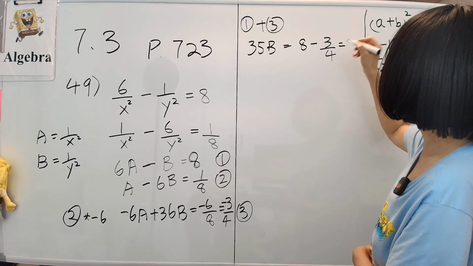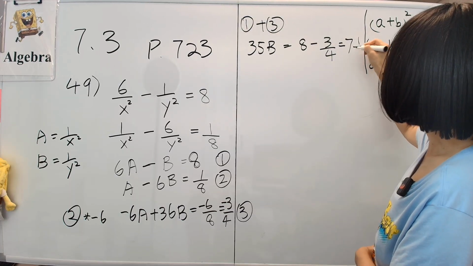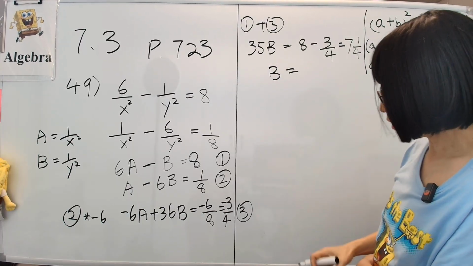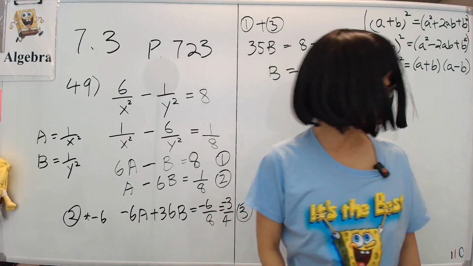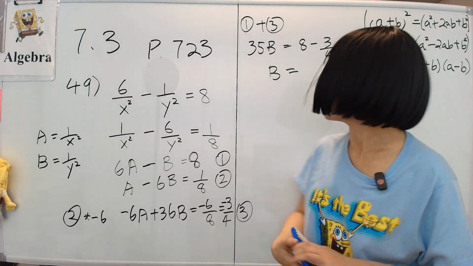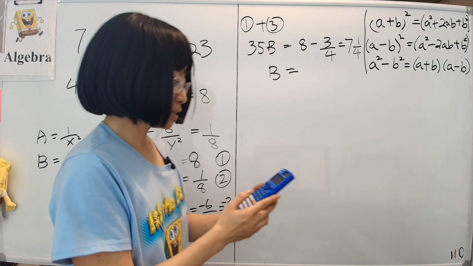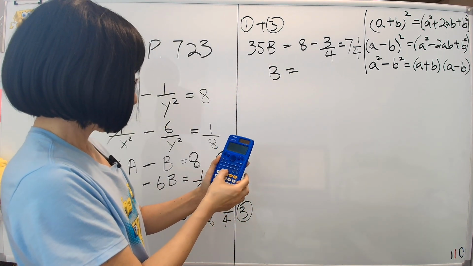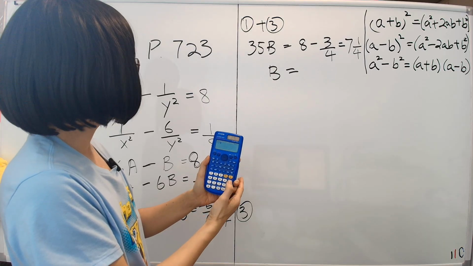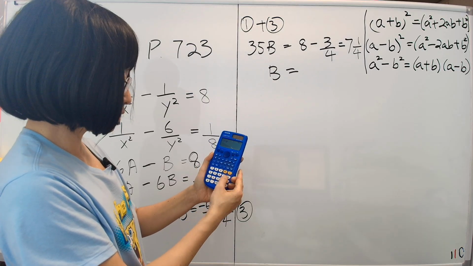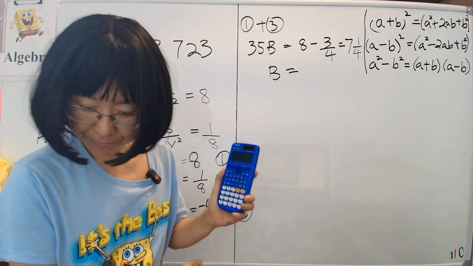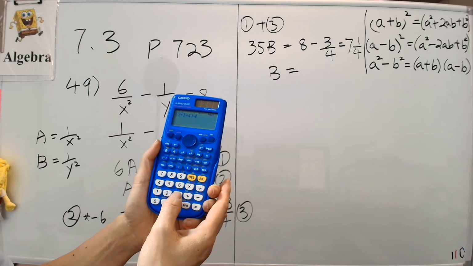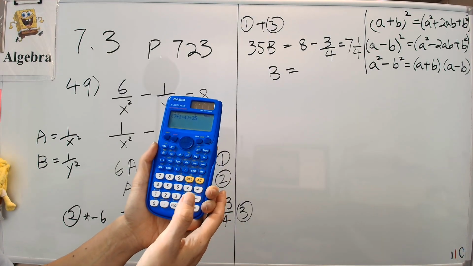So that equals to 7 1/4, and so then b then equal to, let's pull out the calculator again, and I'm going to do this again. All right. So b then equal to 7 plus 1 divided by 4, and then divided by 35. That's b.